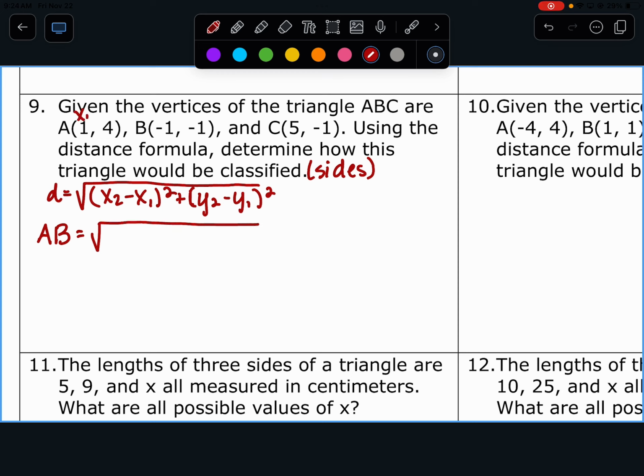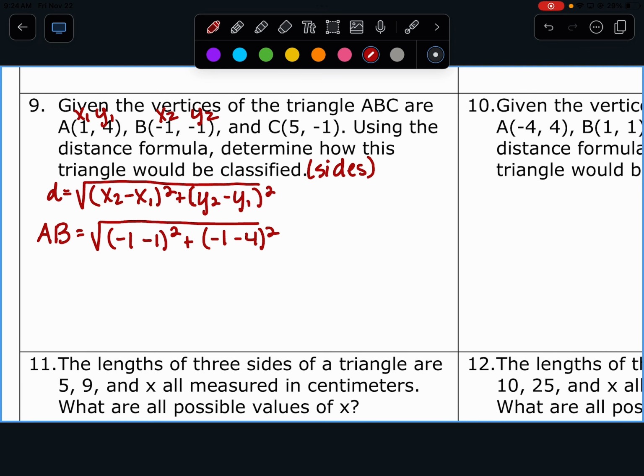So we've got x1, y1, x2, y2. We'll just use those for now. All right, x2 is -1, x1 is just 1. y2 is -1, y1 is 4. And we're going to type that into the calculator.